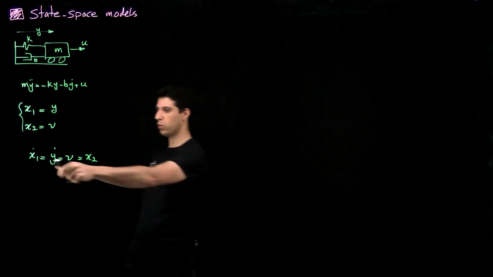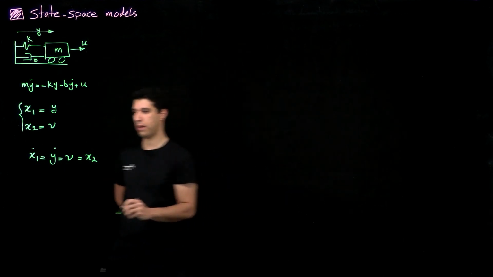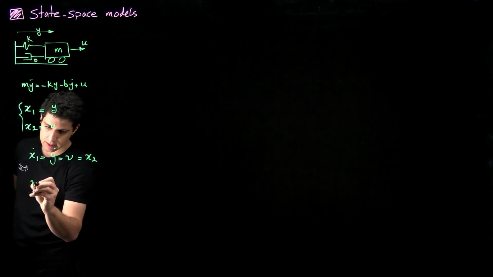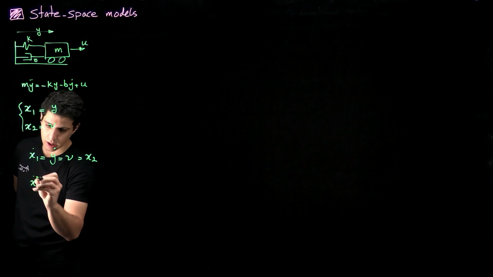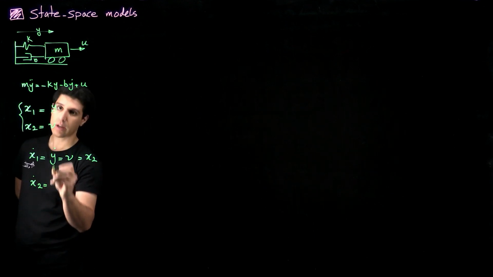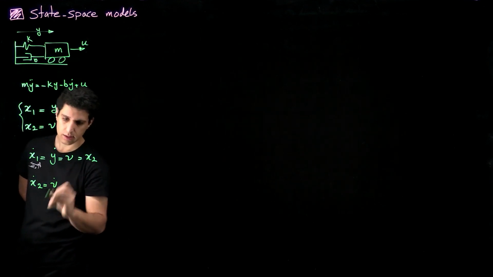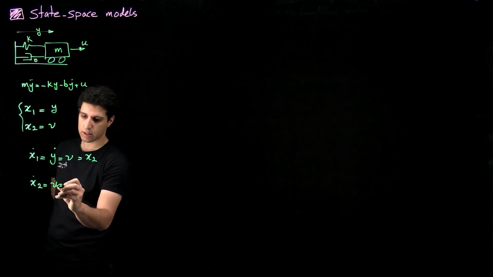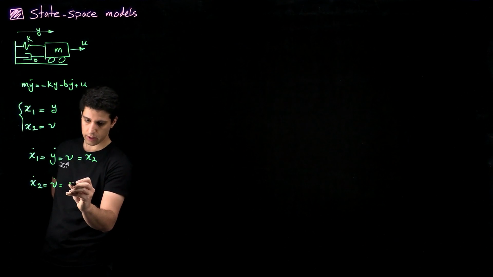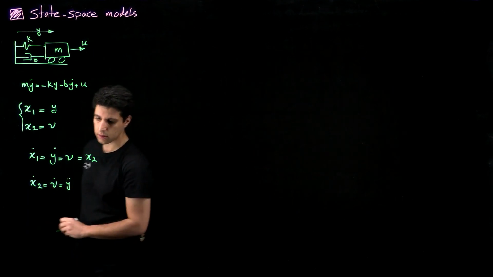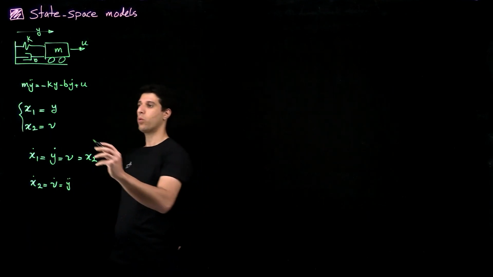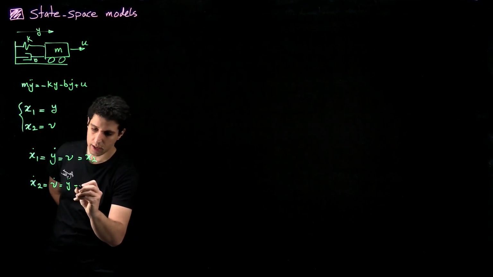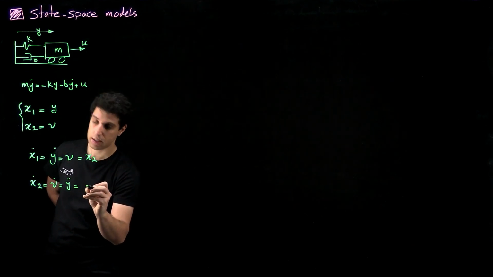So x dot 1 equals x2. What about the second state equation? x dot 2 equals v dot, and since v is velocity, v dot is acceleration, or y double dot, which I have the equation for here.